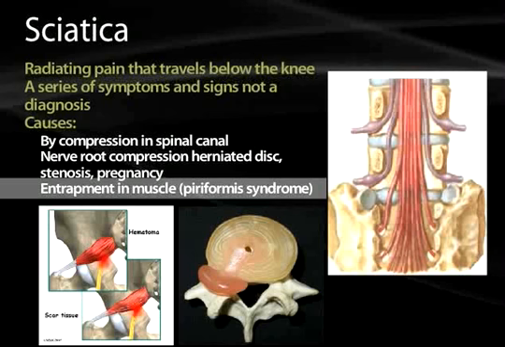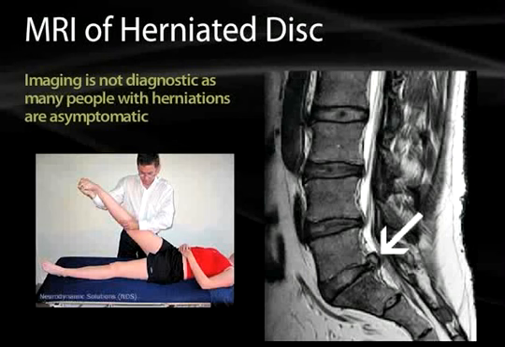Let's look at what this means if there's a vertebral compression as a result of a herniation. Remember that herniations will oftentimes occur at the weak points of the annulus fibrosus, and the nucleus pulposus will be pushed out of that weak point. This shows an MRI of a herniated disc.